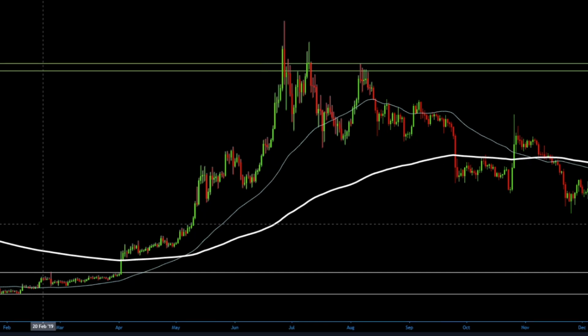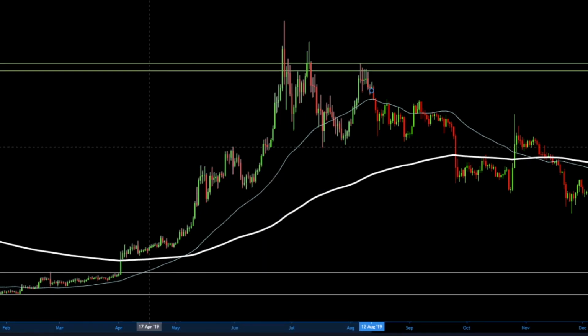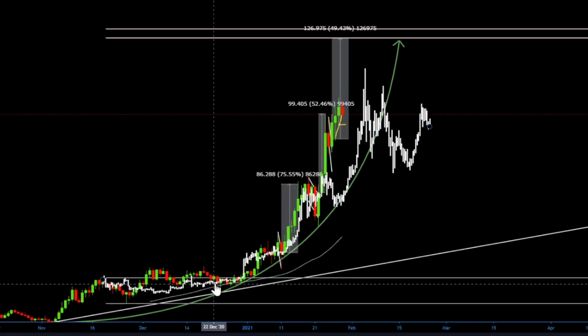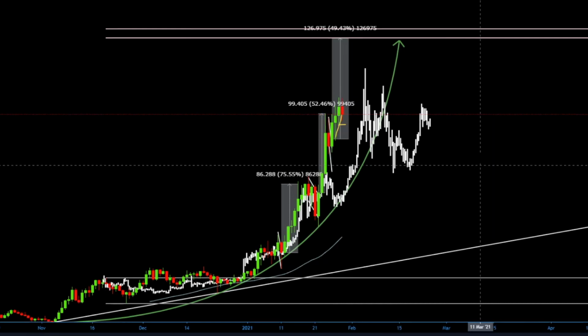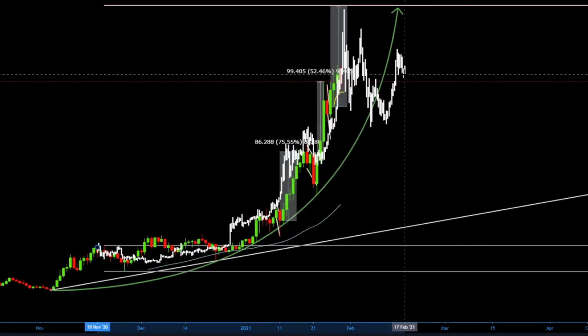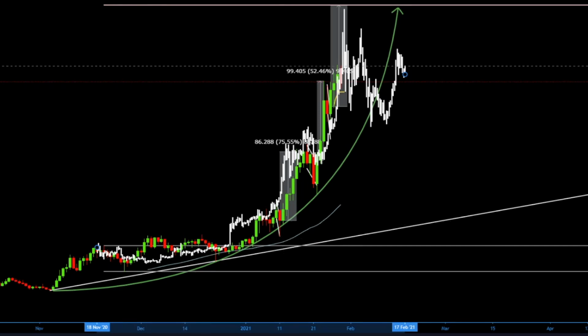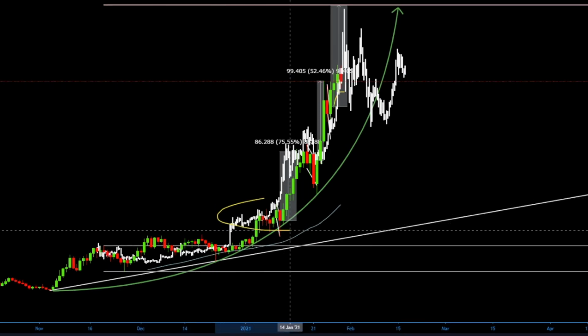And another thing, if we just copy this price action since we had this correction and place it on the AAVE, well, this is what we would be getting. So right there, this was the correction, and if we just apply it more or less to the AAVE, we see that the pattern is somewhat similar. We had this consolidation overall here, and we had the same with the Bitcoin.